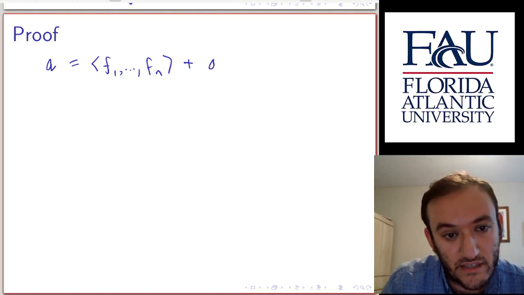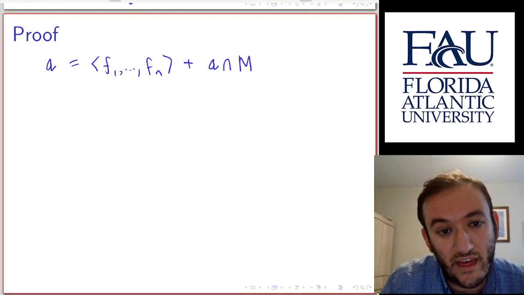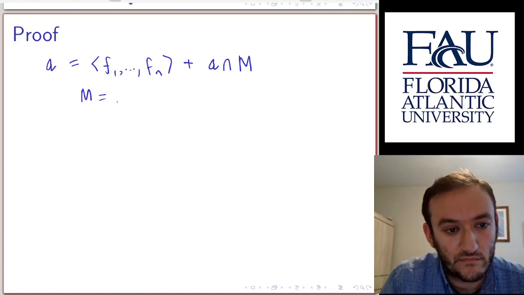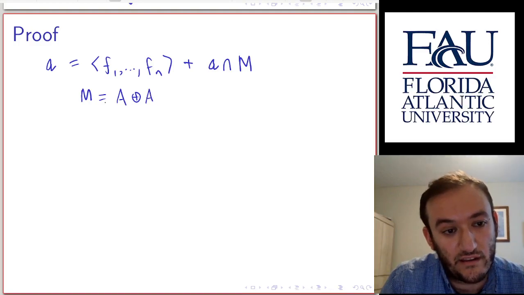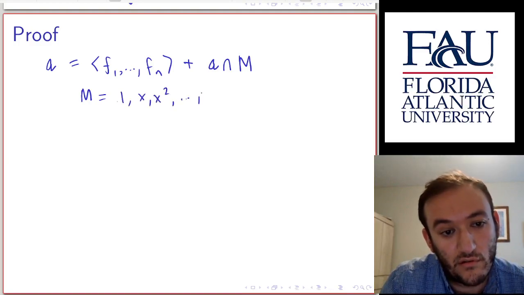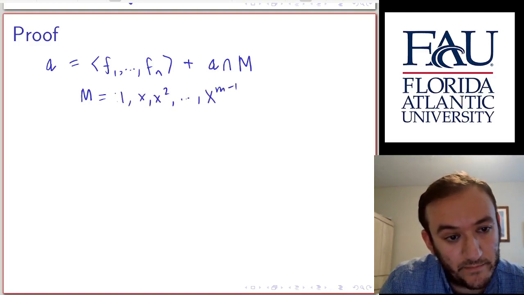So it'll be the intersection of A with M, where M is the A-module generated by 1, x, x squared, up through x to the m minus 1.